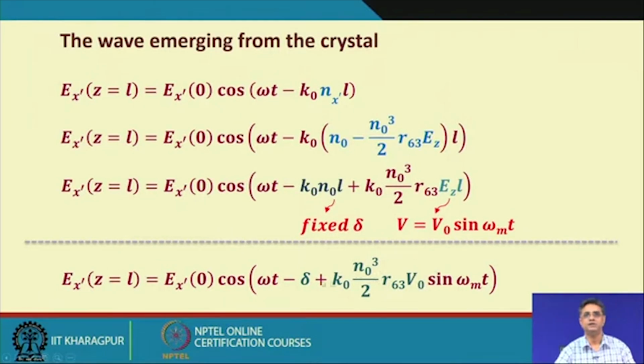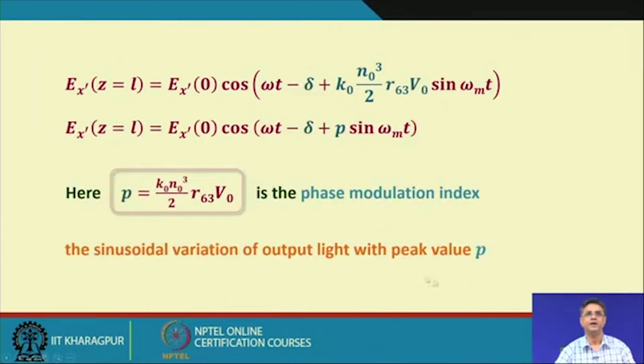So, we can write this equation in this form, and therefore, because this quantity is anyway constant, V 0 is the peak voltage, this is constant, wavelength of operation is constant. So, in place of this we can write a new constant p, then this equation becomes omega t minus delta plus p sin omega t.